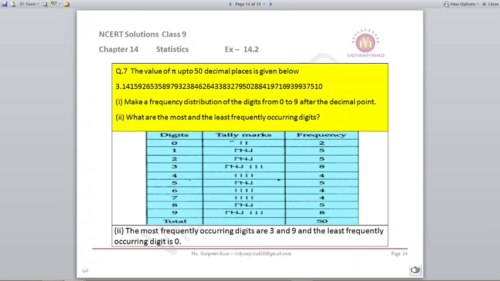The minimum frequency is 2, which is for digit 0, and the maximum is for 3 and 9. 3 is coming 8 times, and 9 is also coming 8 times. So those are the most frequently occurring digits.